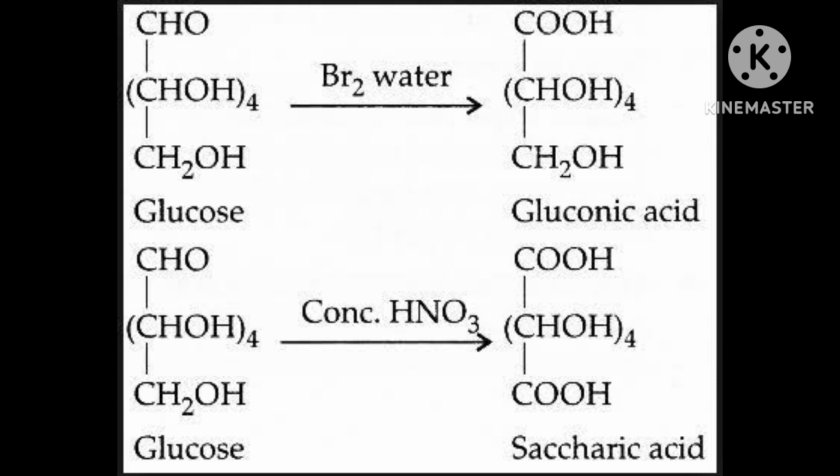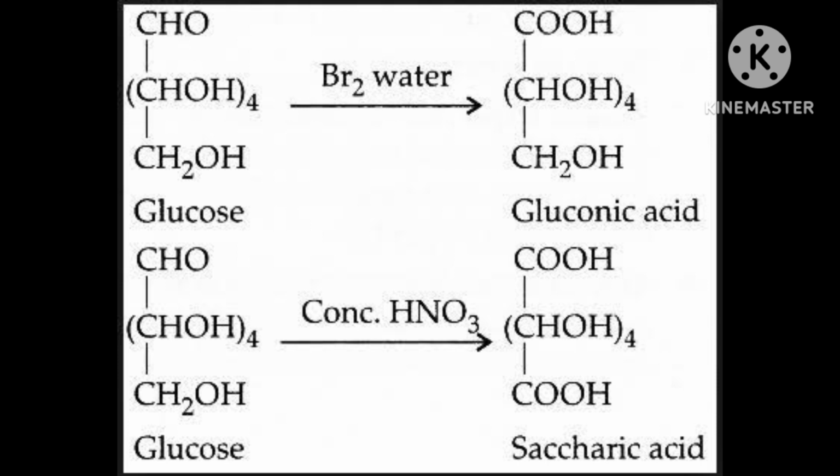Glyceraldehyde is a stereoisomer. In respect of that, you are talking D and L. Glyceraldehyde exists in two isomers. Isomer meaning, you know, chemical formula same, structural formula different.